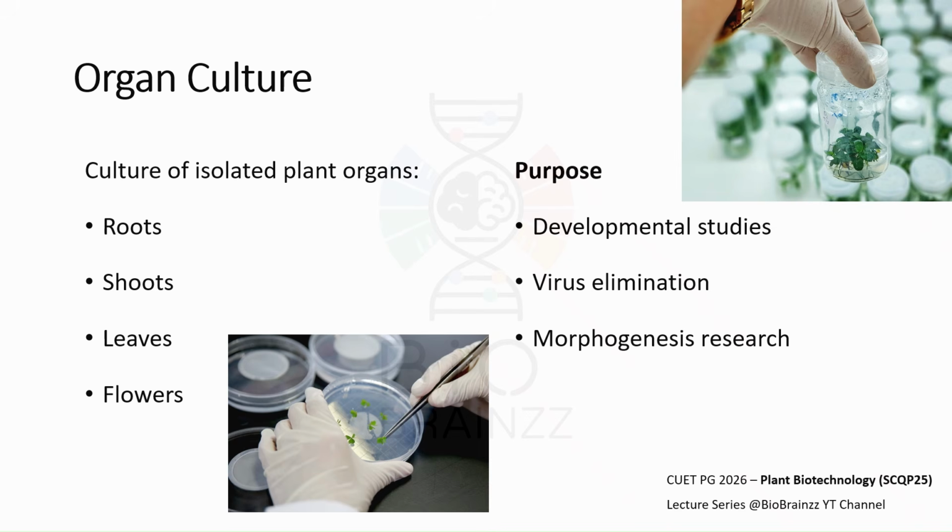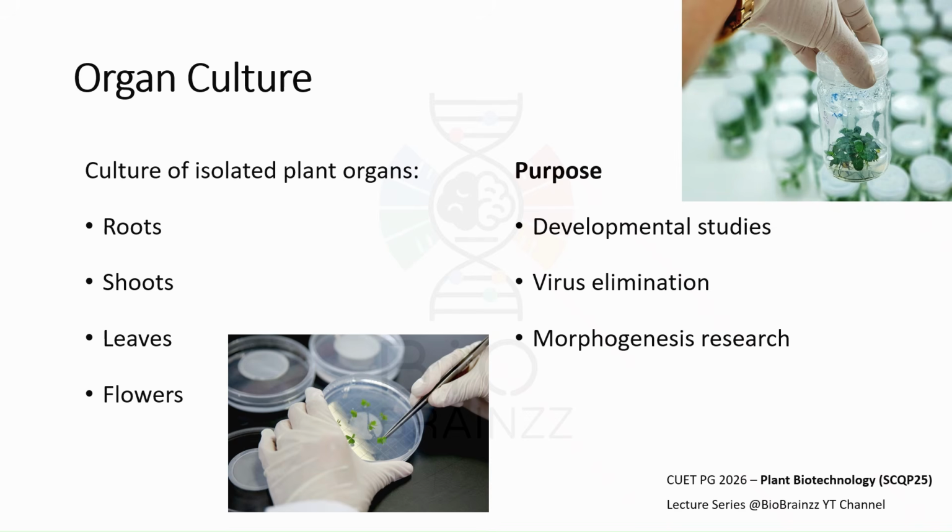Organ culture refers to the in vitro maintenance and growth of isolated plant organs such as roots, shoots, leaves, or even flowers. Unlike callus culture, where the tissue is unorganized, organ culture preserves the natural organization of the structure being cultured. This technique is frequently used in developmental biology studies to understand how specific organs grow and respond to hormones or environmental factors.